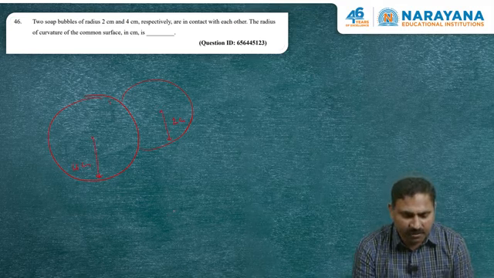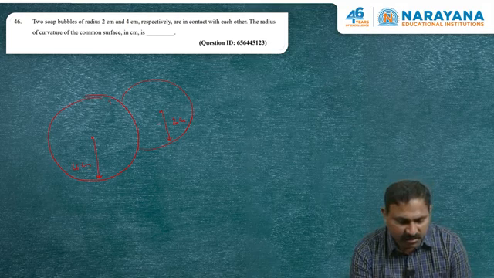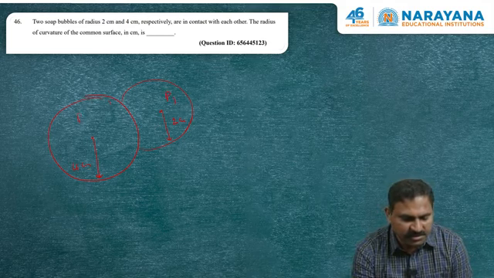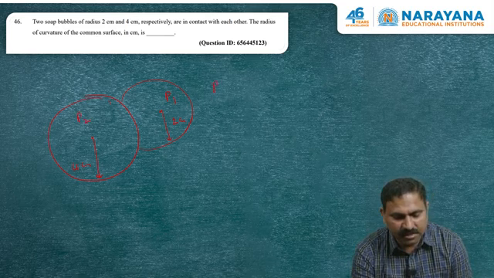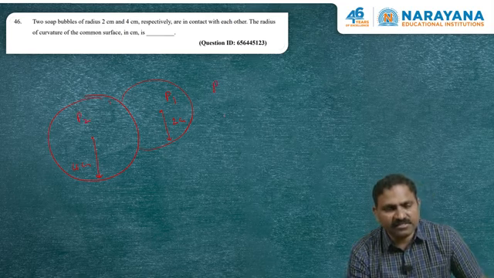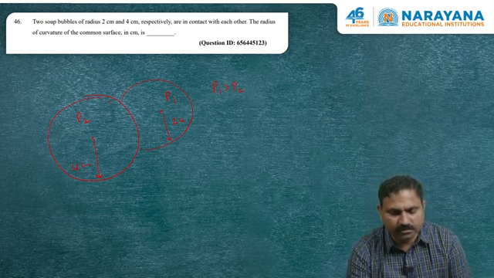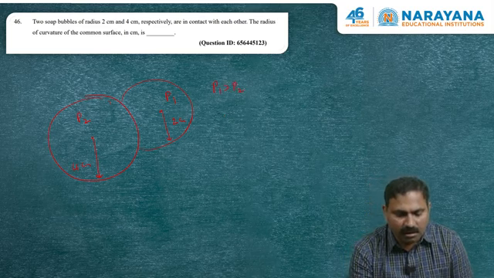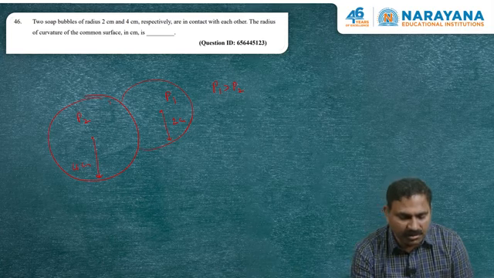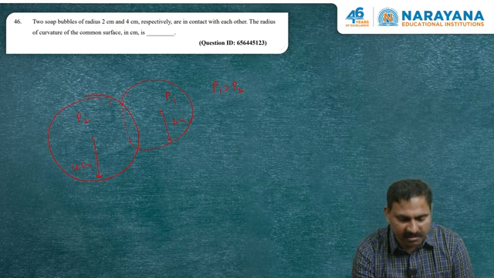Suppose P1 is the pressure here and P2 is the pressure here. As pressure difference is inversely proportional to radius, P1 will be greater than P2. So on the concave side pressure will usually be more, so the new surface will be formed concave like this, whose radius of curvature can be some RC, let us say.